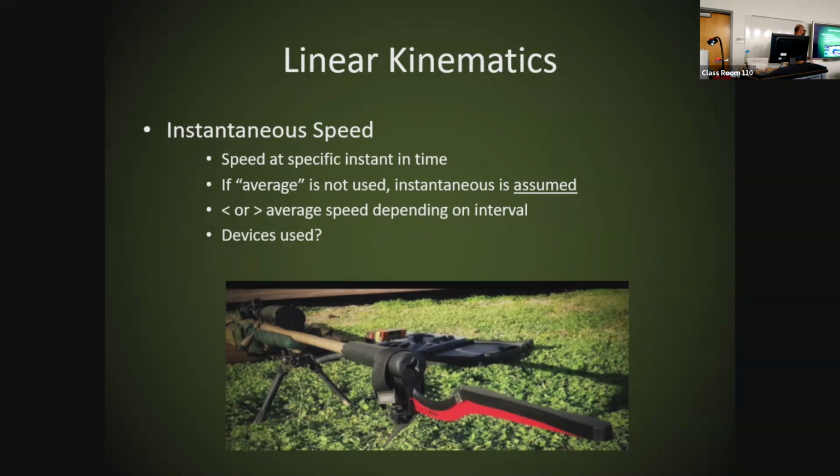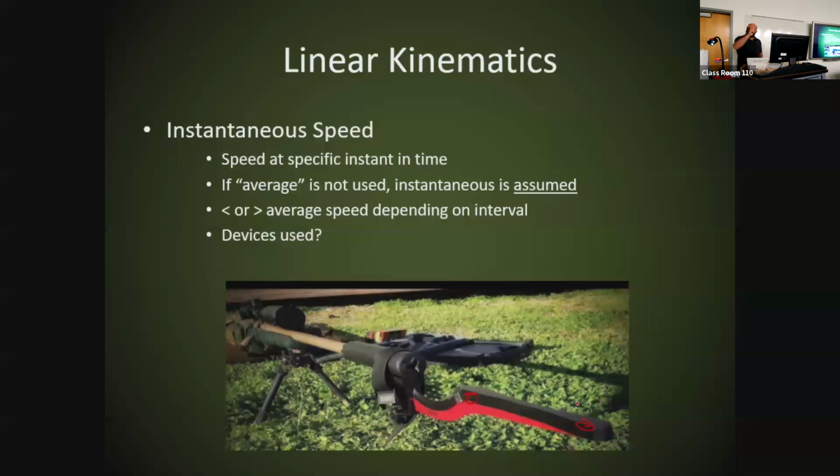The bullet goes across it, and there's a magnet in the front and a magnet there, and it just measures the time it took for the bullet to cross both of those paths, and there you go. Other ones are light sensitive, laser sensitive. Radar guns are also one that measures instantaneous speed.